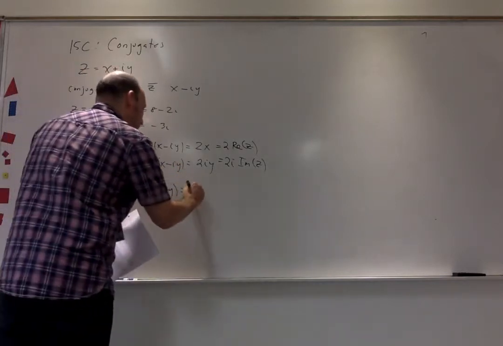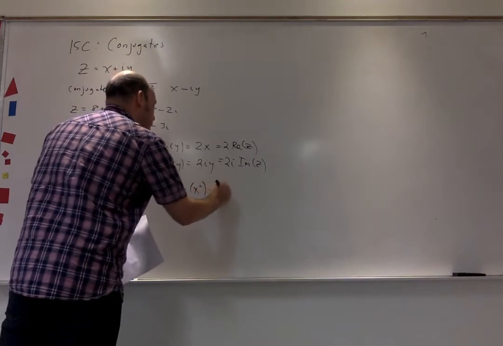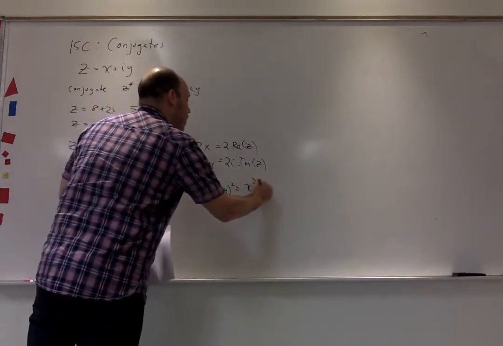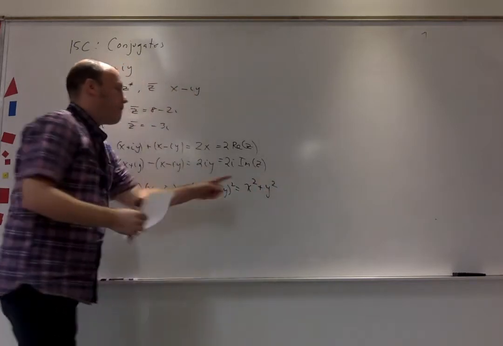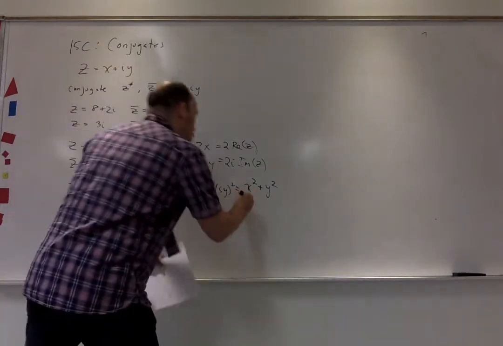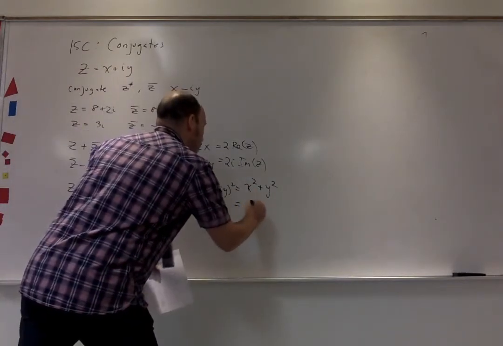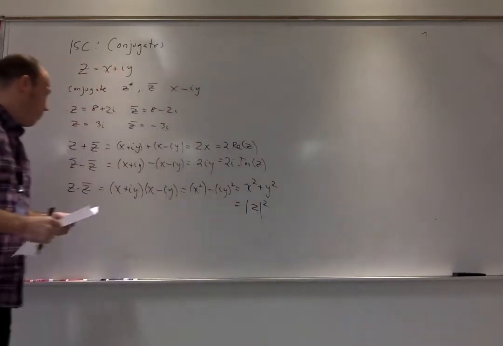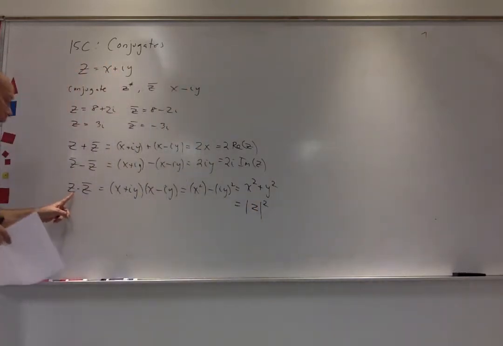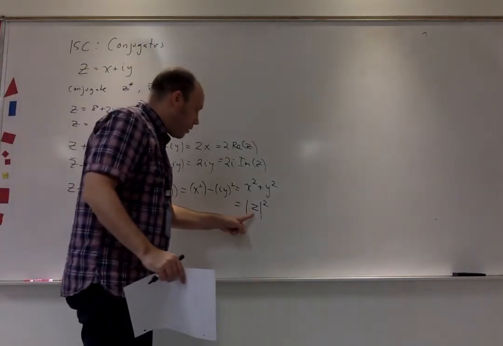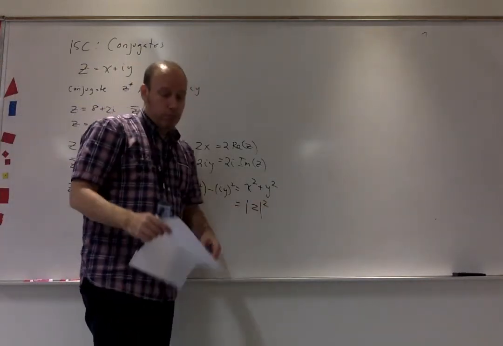So it's x squared minus (iy) squared, and we get, finally, x squared plus y squared. That's interesting, because it's the modulus squared. A complex number times its conjugate is equal to the modulus squared.